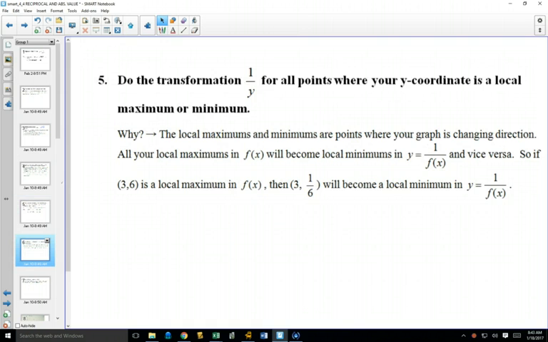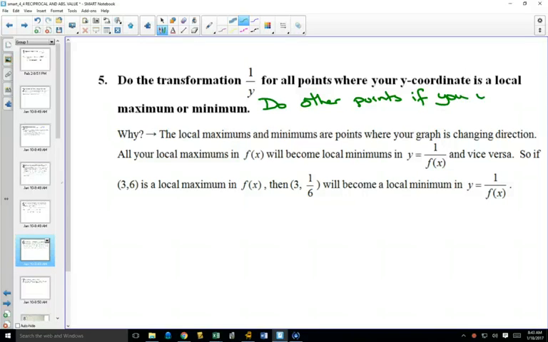In step 5, it says do the transformation 1 over y for other points, maximums and minimums. For the most part, we're going to do steps 4 and 5 together. And you can do other points if you want as well.